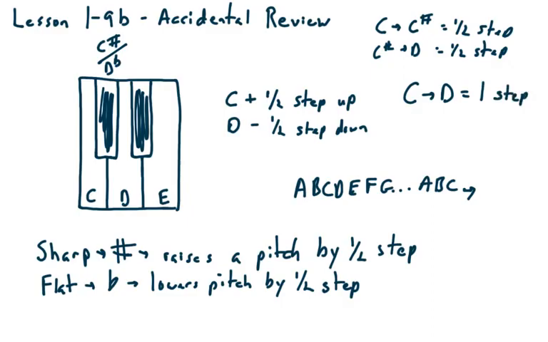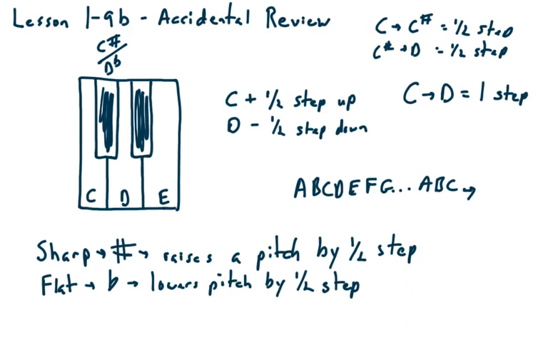What's a half step? 50 cents plus 50 cents is $1. 0.5 plus 0.5 is 1. C to D is a whole step, okay? Those are terms you need to remember, half steps and whole steps. It's okay if you don't understand them now, but you need to remember the terms because you're going to hear them a lot, and the more you see it, the more you'll remember it, okay?